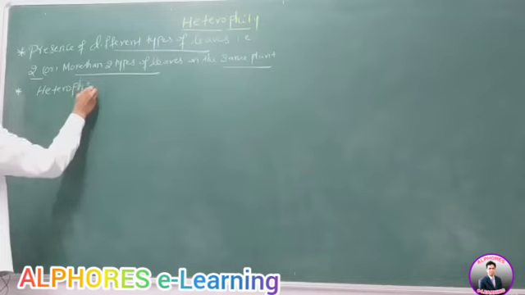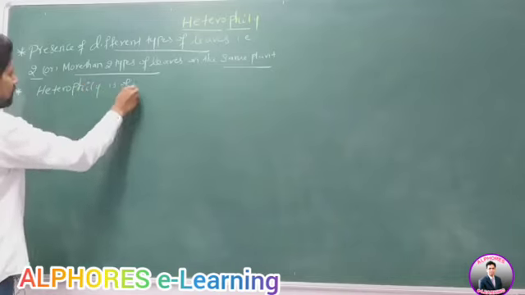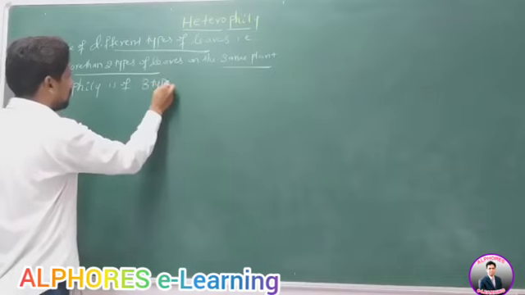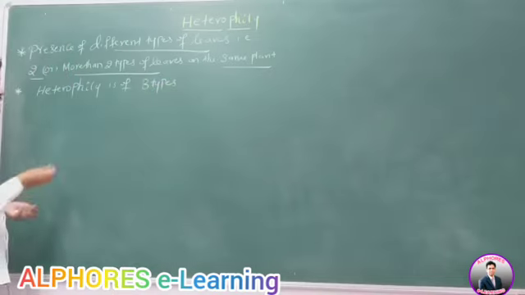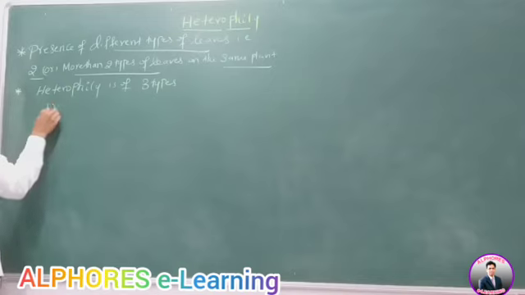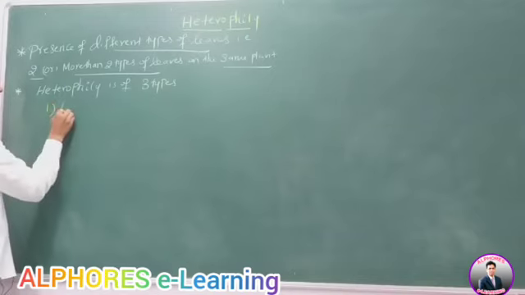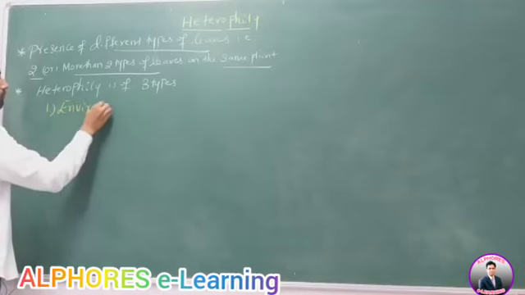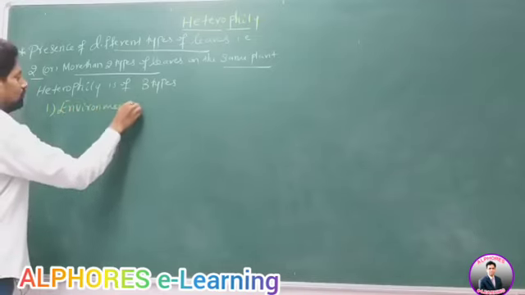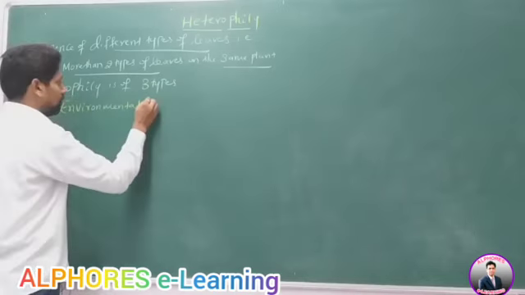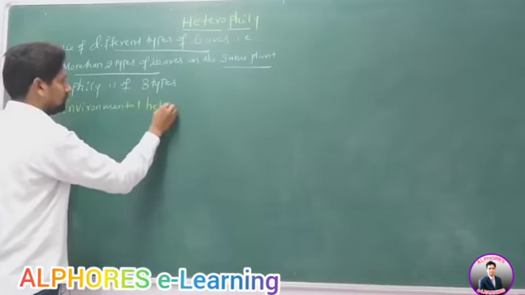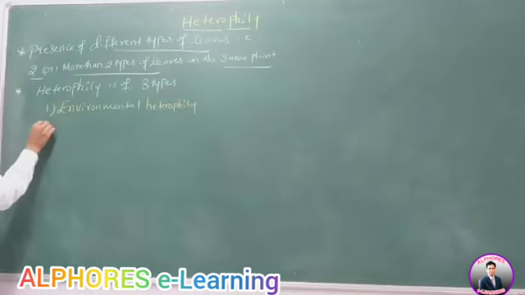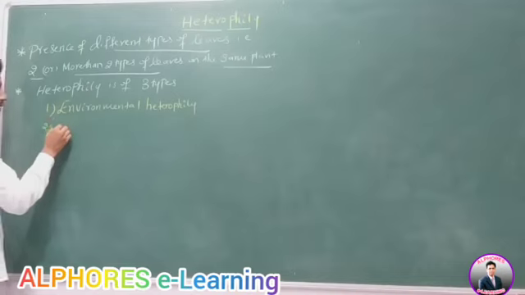Heterophily is of 3 types. What are the 3 types of heterophily? Number 1, environmental heterophily. Number 2, developmental heterophily.